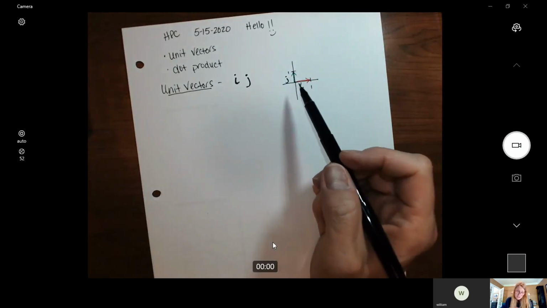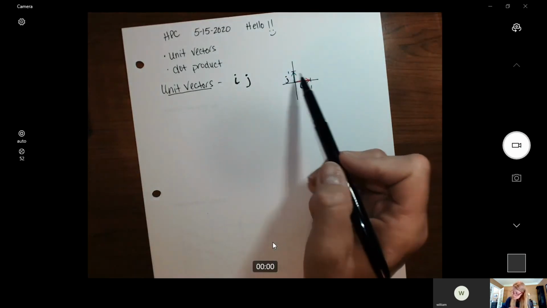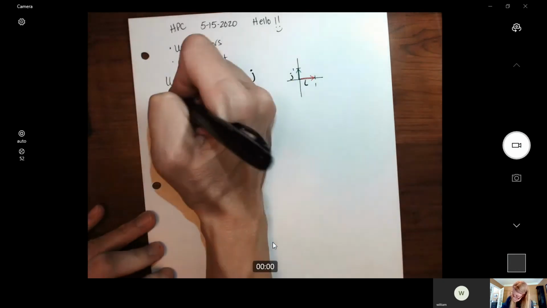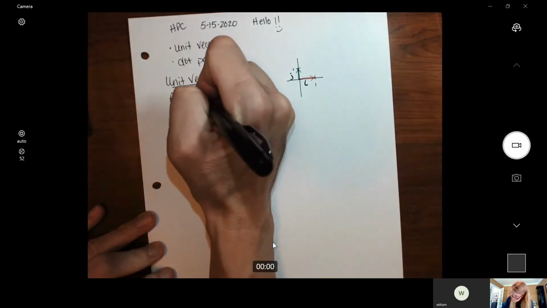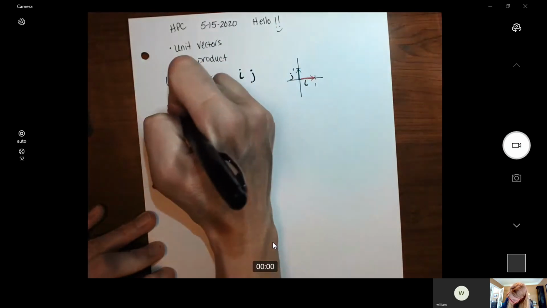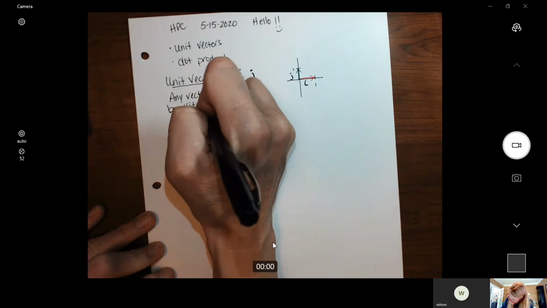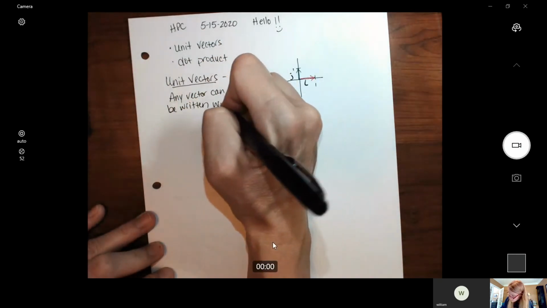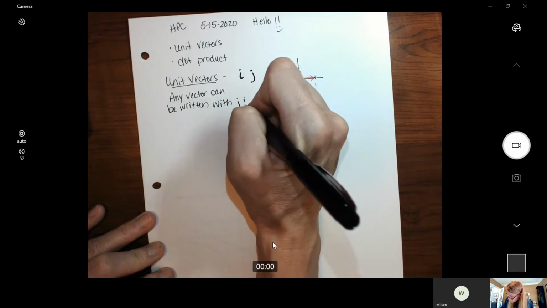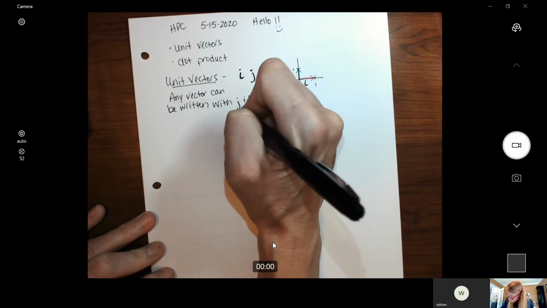We can represent vectors using multiples of i and j. So any vector can be written with these unit vectors i and j, like this.